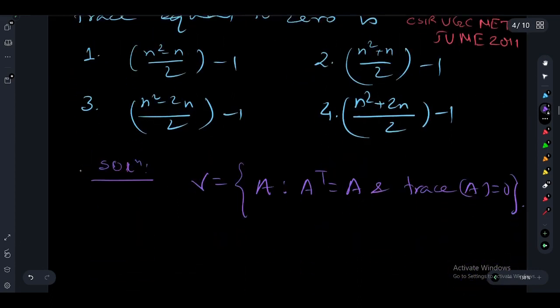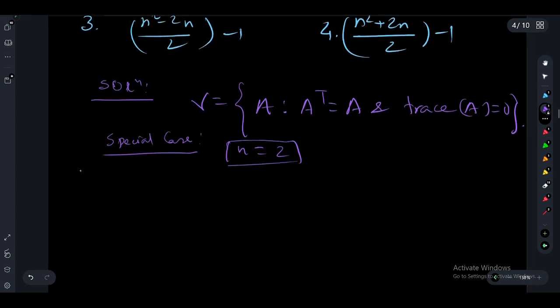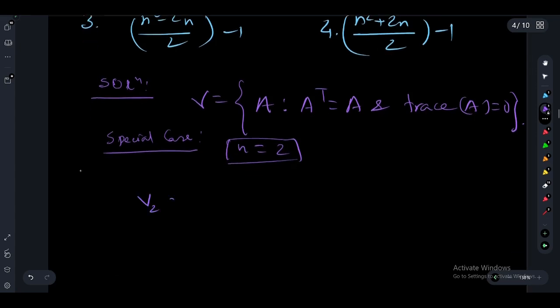So we can consider that n is equal to 2 as a special case. When n equals 2, we call this V2: all A such that A transpose equals A and trace A equals 0.